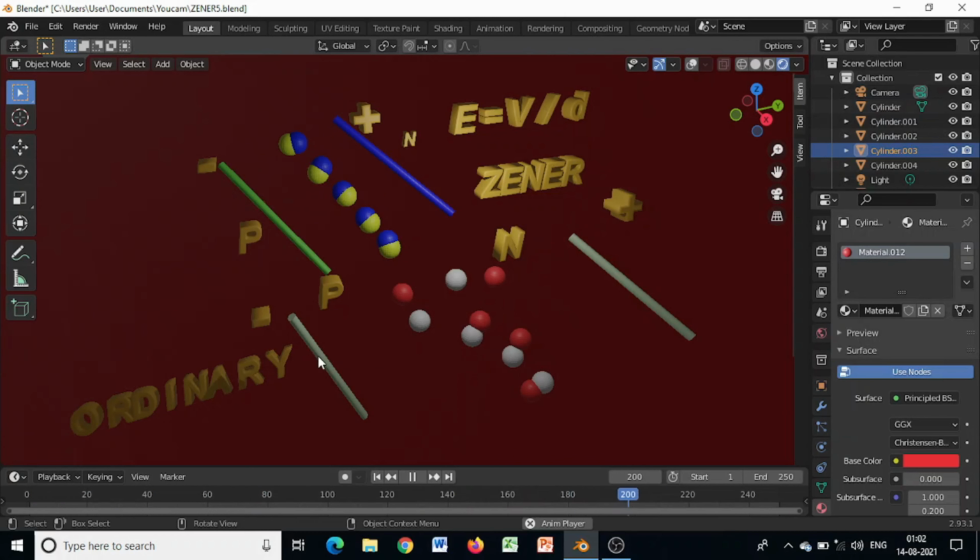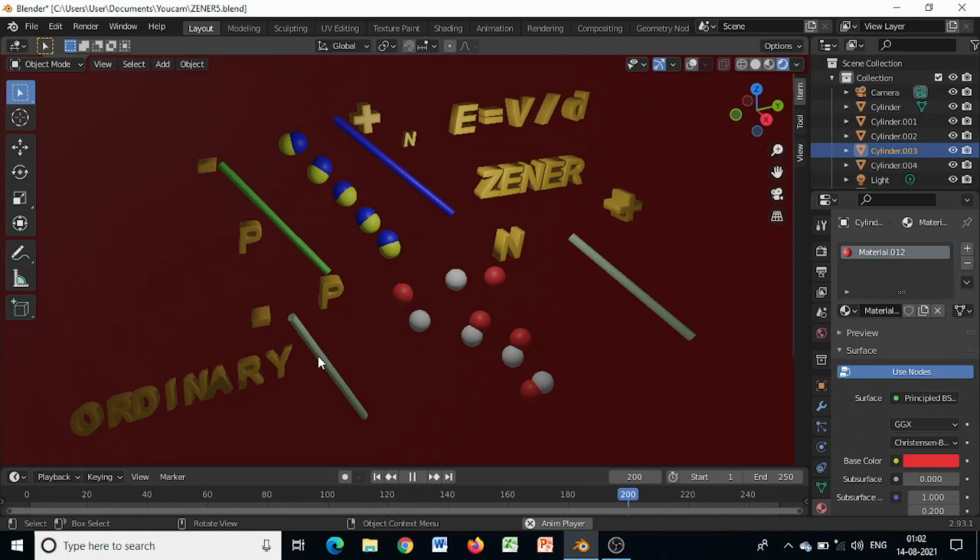Thus a greater volume, that is width, as the cross sections of the diodes are the same, is required in the ordinary diode to provide the same number of electrons and holes to create a barrier potential of 0.7 electron volt.